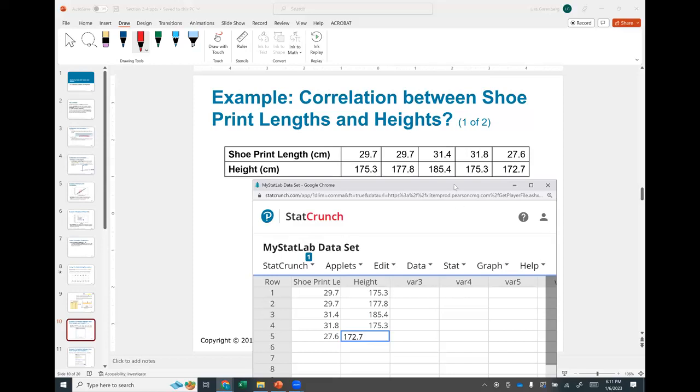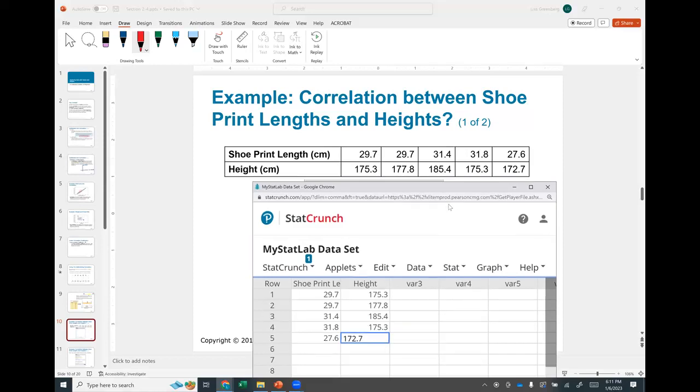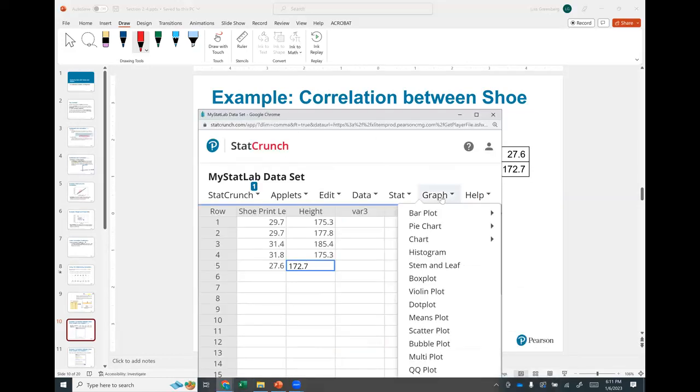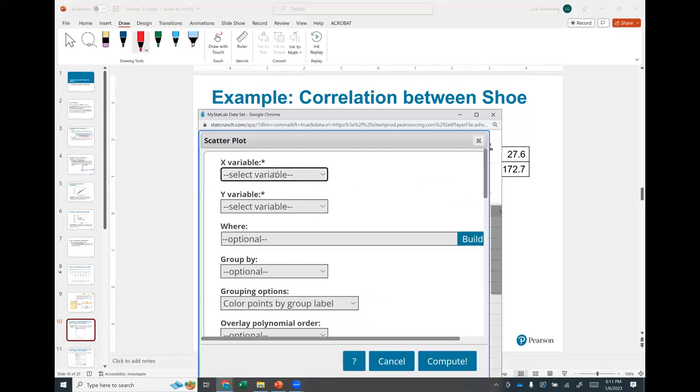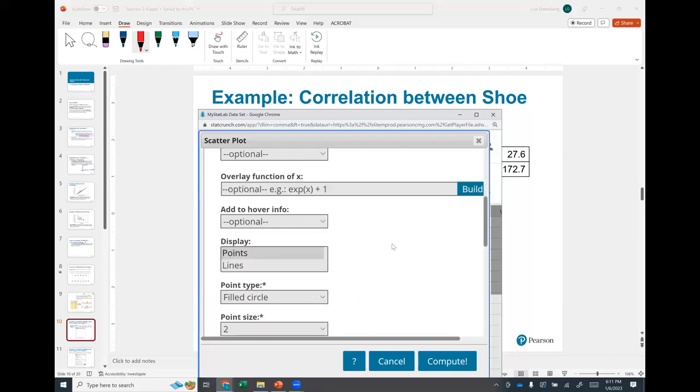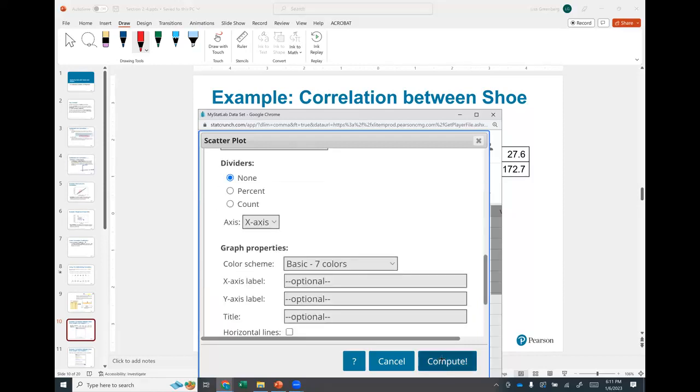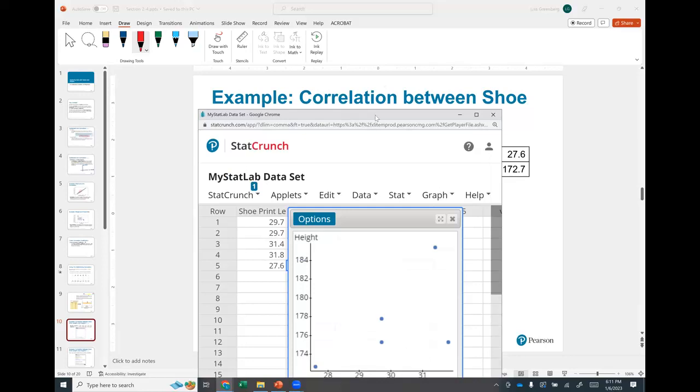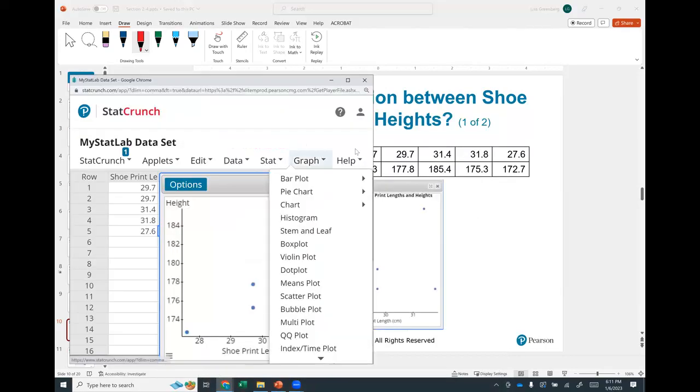Now, I want to know, first I want to do our plot. So I'm going to go here to graph, scatter plot. And my X value is going to be shoe print length, and my Y value is going to be height. And that's really all I need. I'm going to hit compute. And let's see, I'll make this bigger.